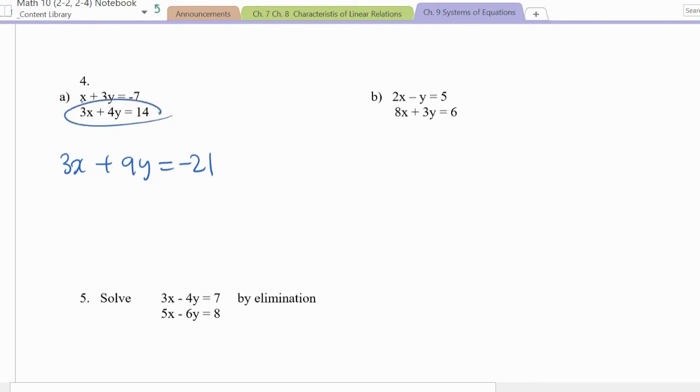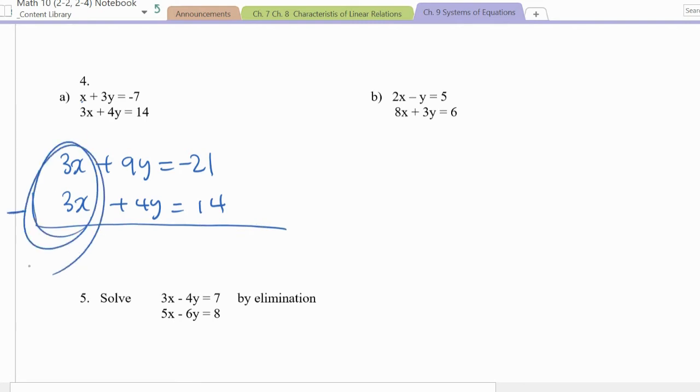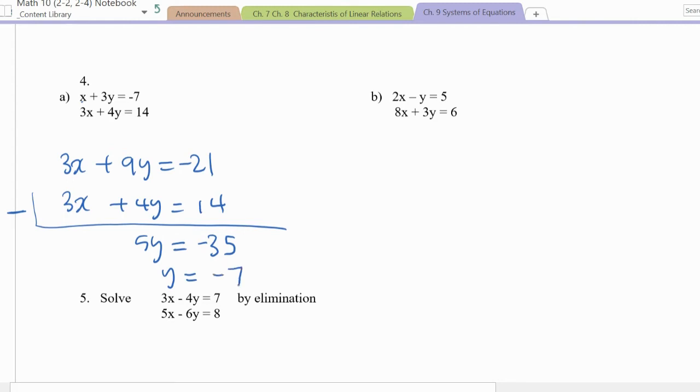Let's write the second equation as it is. Then let's subtract because we want to get rid of the x term. 9y minus 4y is 5y. Negative 21 minus 14 is negative 35. Then you divide both sides by 5, and y is negative 7.